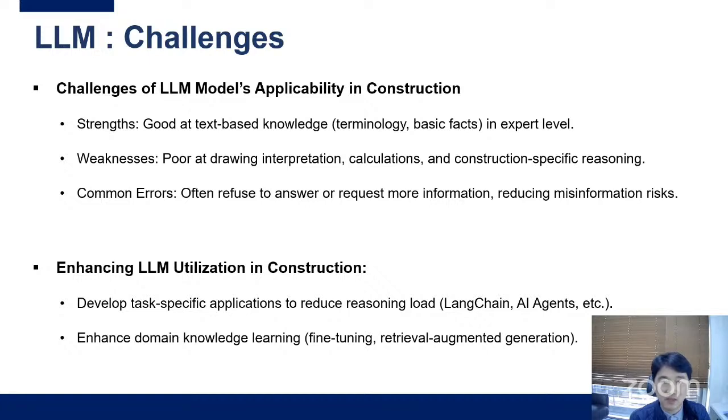To overcome these challenges, we need to develop task-specific applications and enhance domain knowledge learning through methods like fine-tuning or retrieval-augmented generation. By addressing these limitations, LLMs can be more effectively integrated into practical construction workflows.